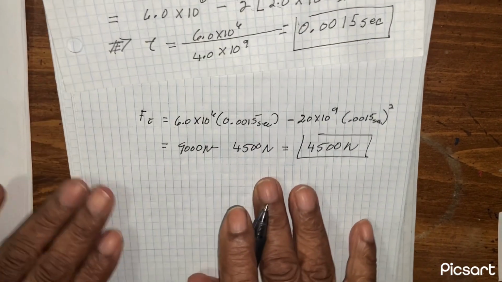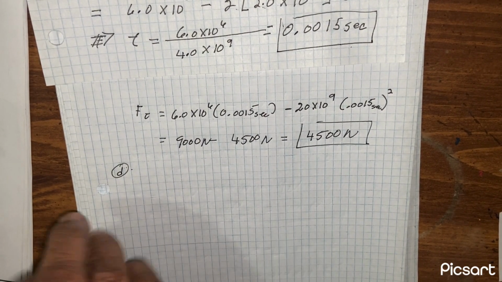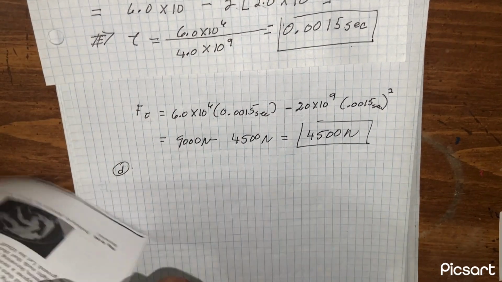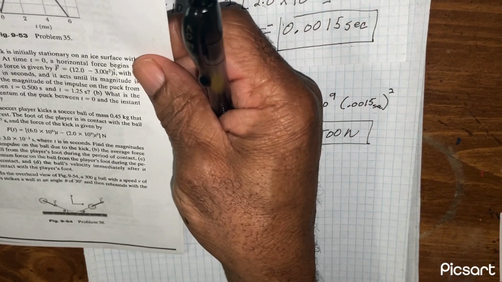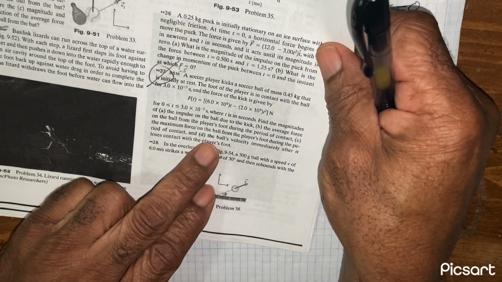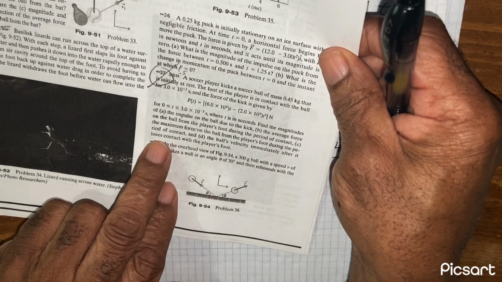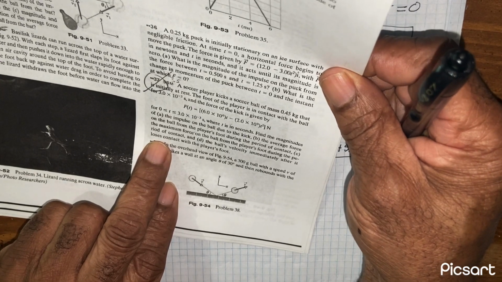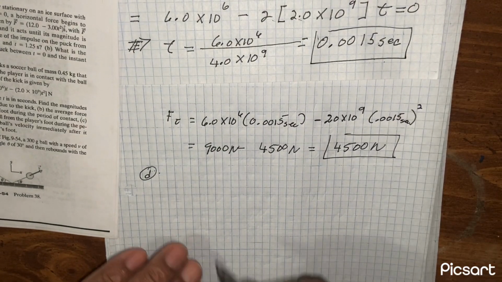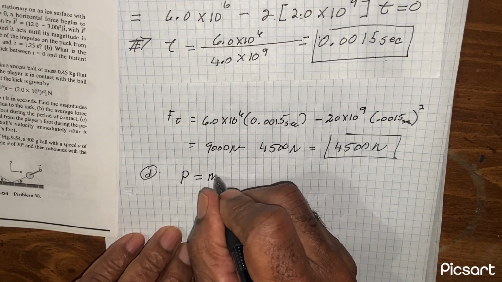Part C. Now D. D asks us the ball's velocity immediately after it loses contact with the player's foot. So we'll say p is equal to mv.